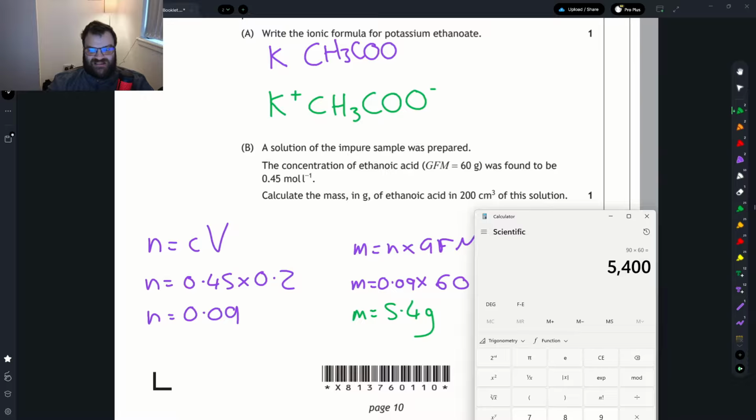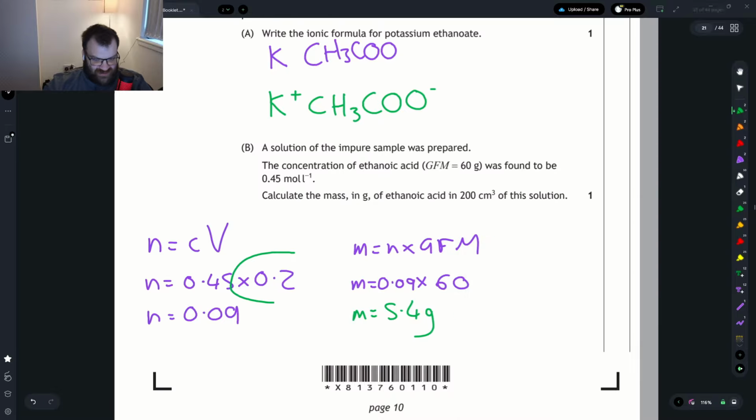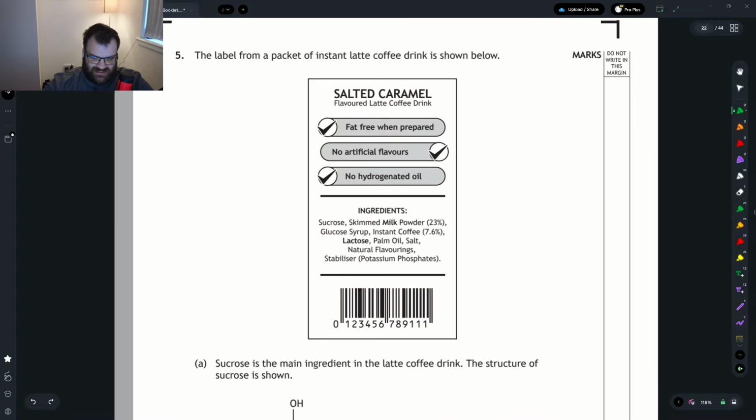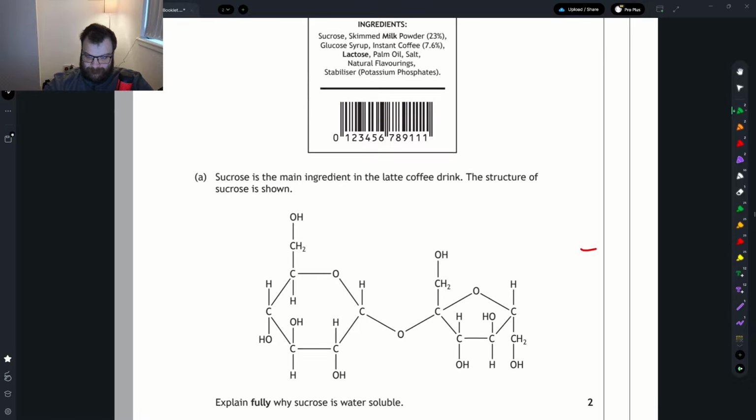That's less than a can of juice with 5.4 kilograms of stuff in it, which is not going to happen. So to be on the safe side, let's get in the habit of changing them into litres.